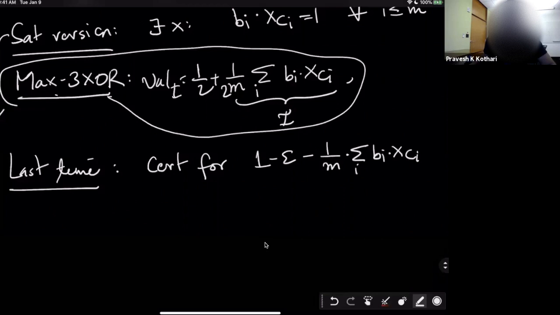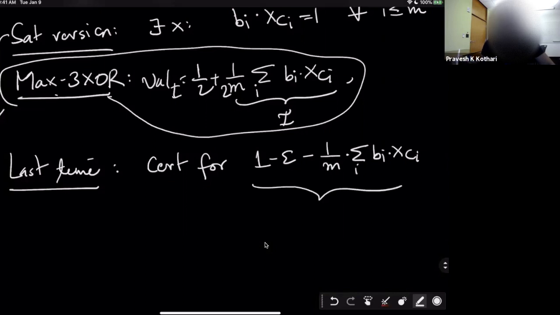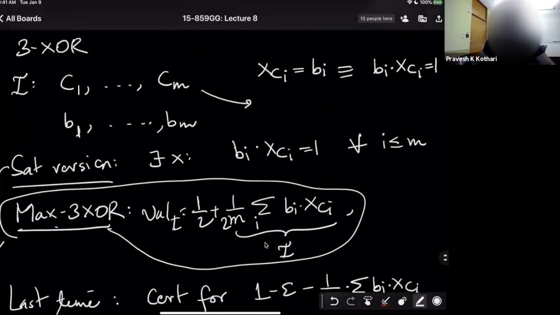So we said, for some epsilon bigger than 0, is there an SoS certificate of non-negativity for this polynomial? The reason it was interesting was the true value for the random instance that we defined. Remember, the CIs were randomly chosen last time. The BIs were also randomly chosen, and for each I, the choices were independent.